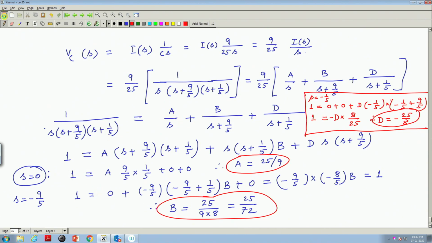VCS was this, and where A, B, D are known. So, let me write it: A by S, B by S plus 9 by 5 and D by S plus 1 by 5.